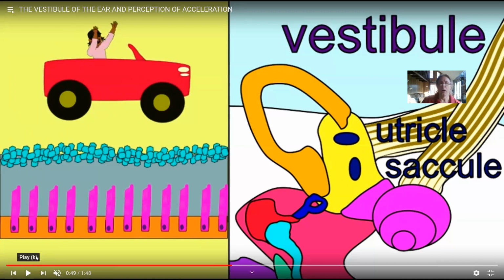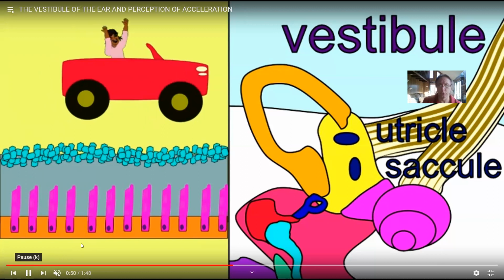Okay. Well, when that woman's body then gets pulled forward, there is inertia then in these otoliths. So just like the body is going to lag behind, once the body goes forward, these otoliths will lag behind because they have inertia.